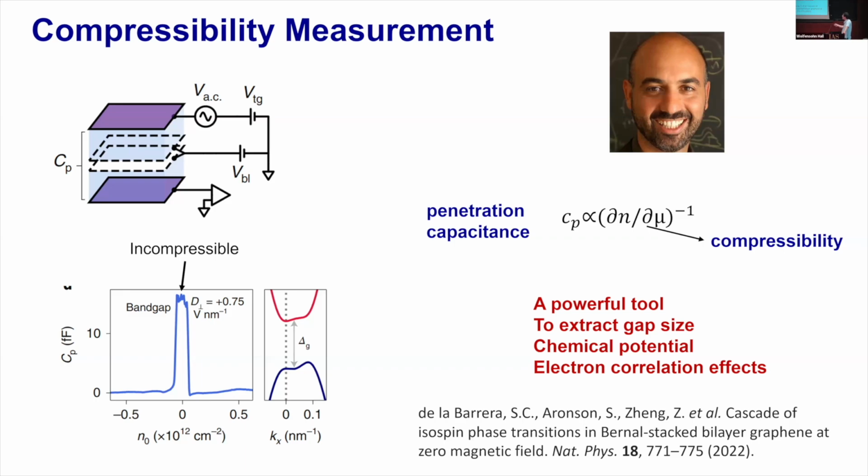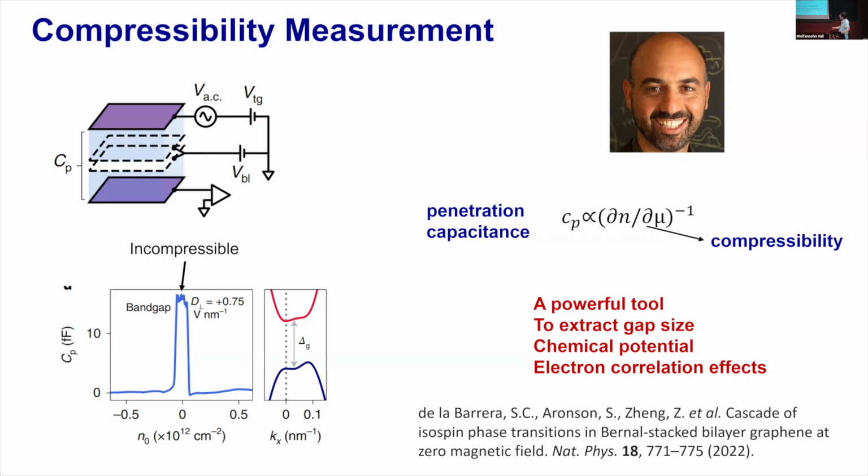Applying this idea to the AB stacked bilayer graphene, we use the gate electric field to open up a gap. The gap is an incompressible state: for the chemical potential to jump from the valence band to the conduction band takes very little charge. So they did observe a peak in the penetration capacitance, telling you this gap state is incompressible.